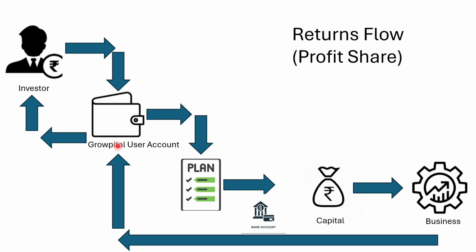From here, you could choose to withdraw the money to your own bank account, and then the money used to come from the bank account into your bank account. So that was one way the returns could be generated, which is the profit share of the returns generated by the business. But there were other ways as well by which you could get the money.